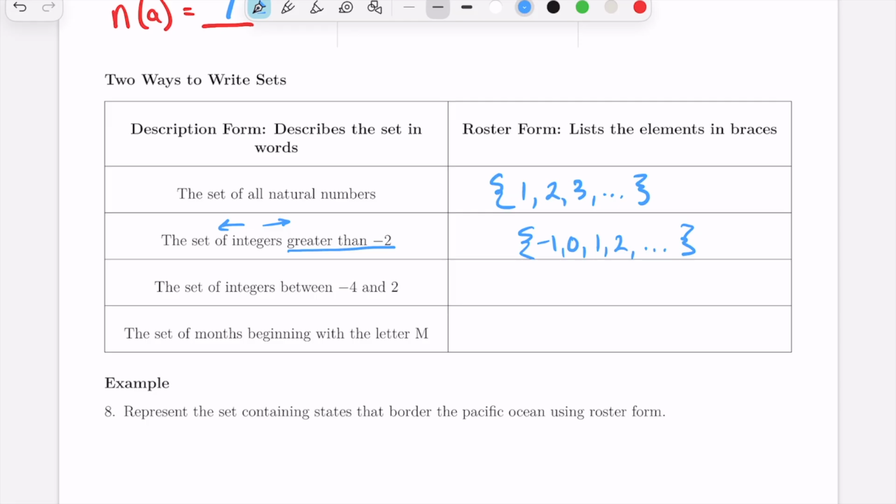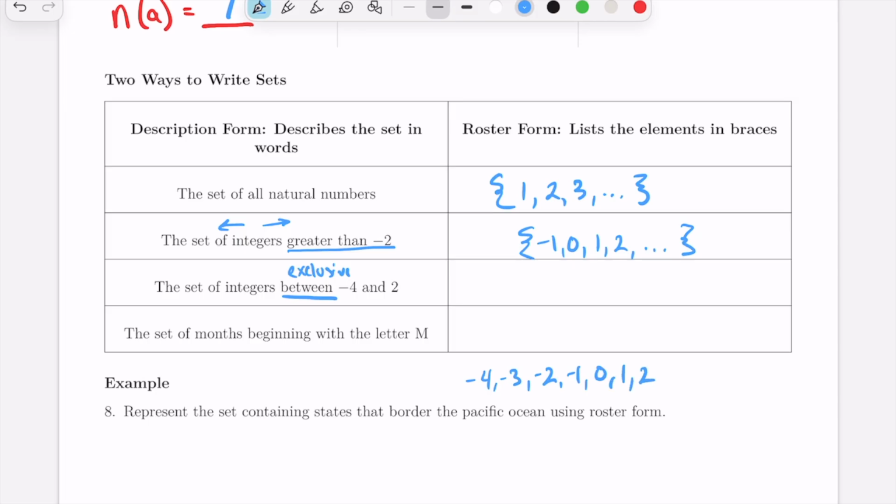Let's go on. The set of integers between -4 and 2. Notice this word between. This is exclusive language. It means that we're not going to include those end values. If I wanted to include them, I might say the set of integers between -4 and 2 inclusive, in which case it would be -4, -3, -2, -1, 0, 1, and 2.